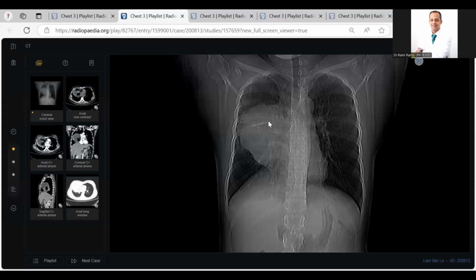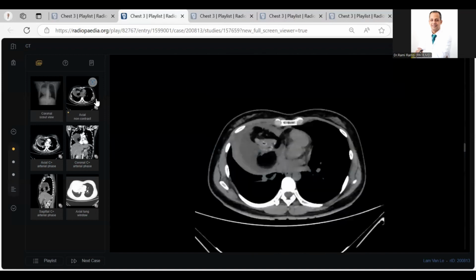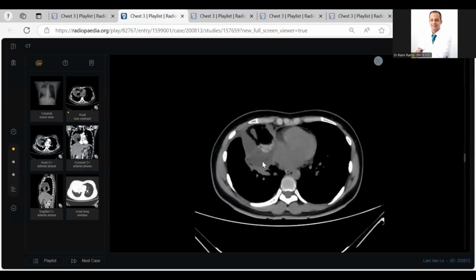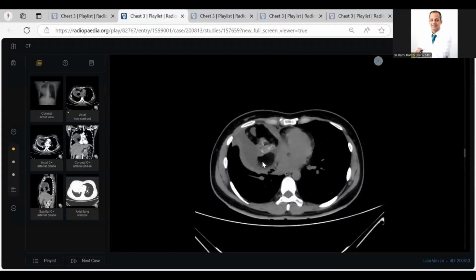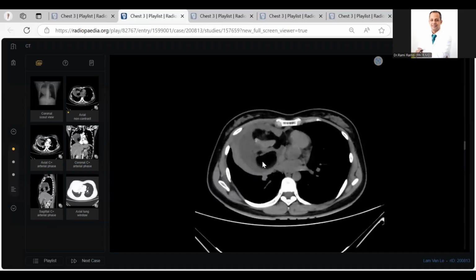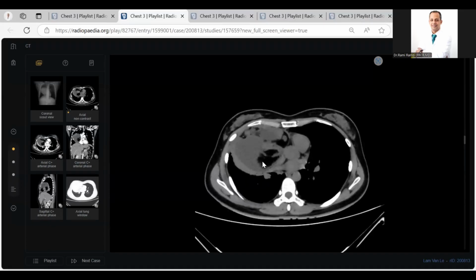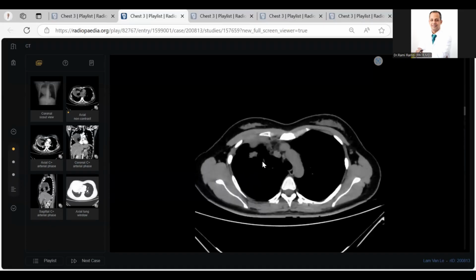You did very well, but you didn't mention there is hyperdensity at least here. This is a mass containing hypodense content, most likely fat and calcification. Most likely teratoma.